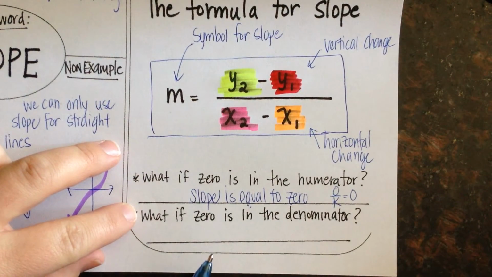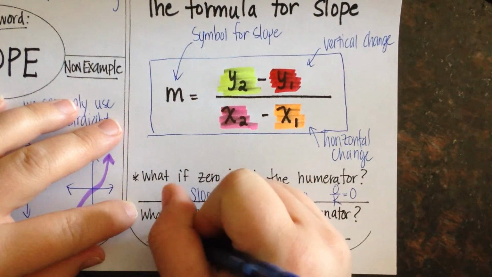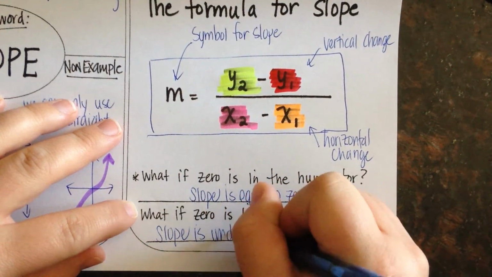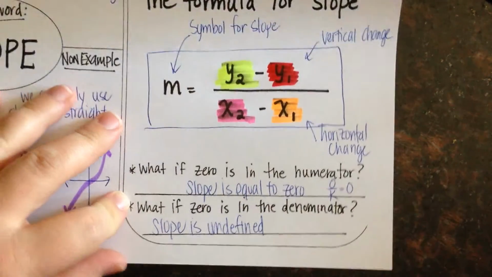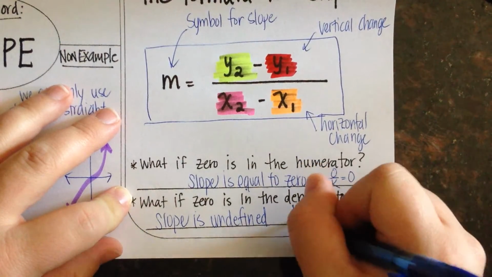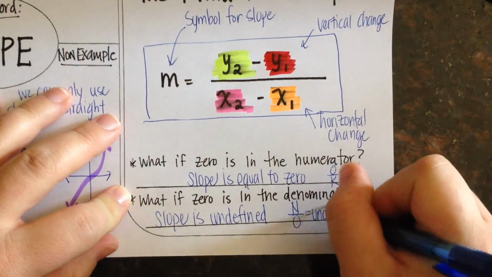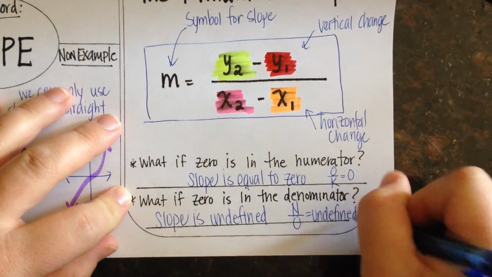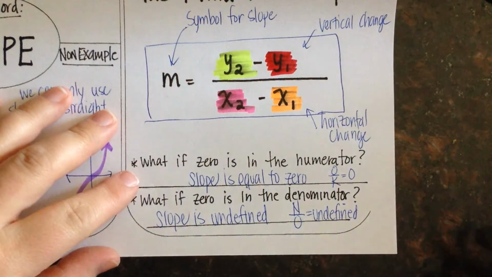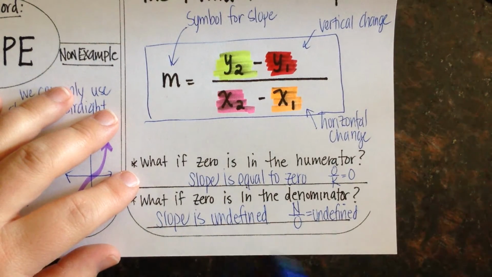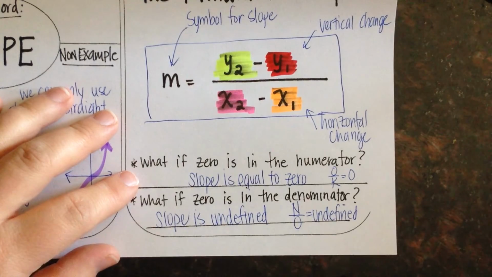What if 0 is on the denominator? Then your slope is undefined. One way to remember that is no. No would be undefined. So try to use those little tricks to remember, because if you get 0 on the bottom, you can stop the problem. Your slope is undefined. If 0 is on the top, your slope is 0.